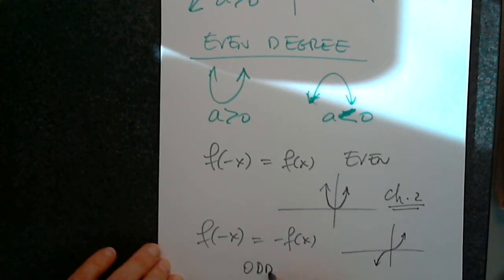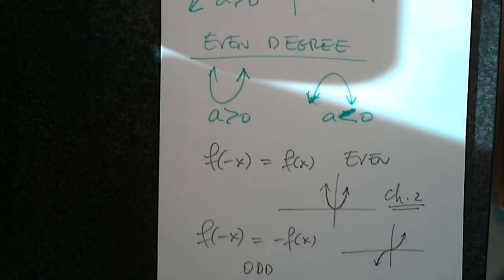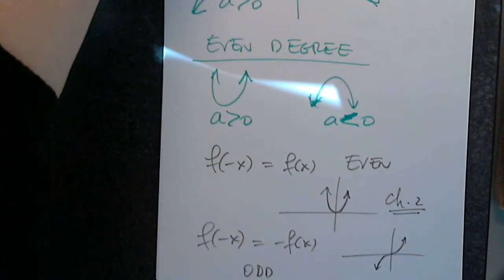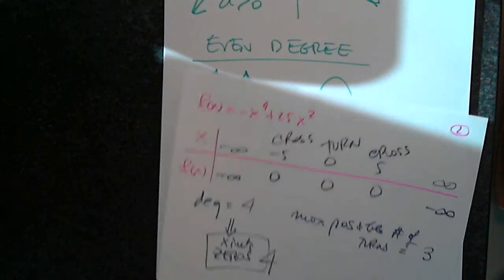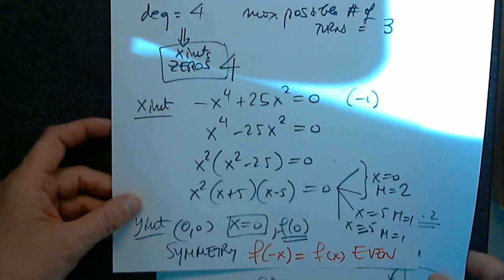So this is odd. So in this situation, if you replace x by negative x, nothing will happen. So let's do it one more time.